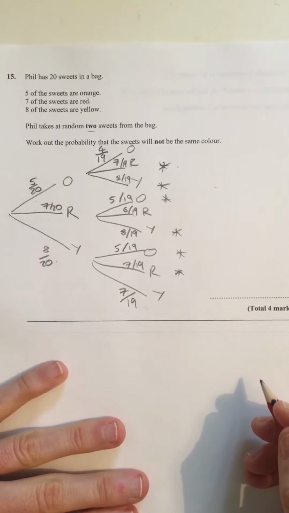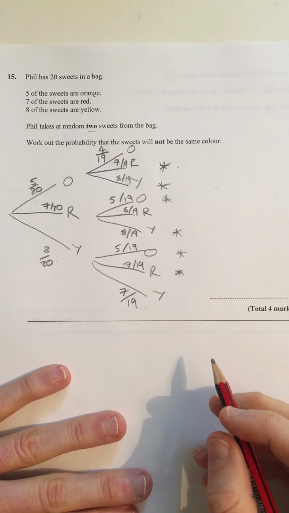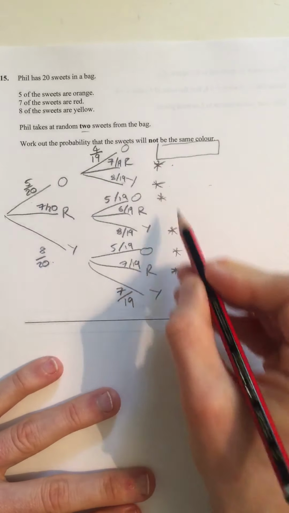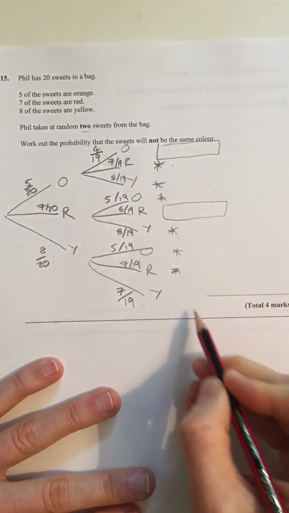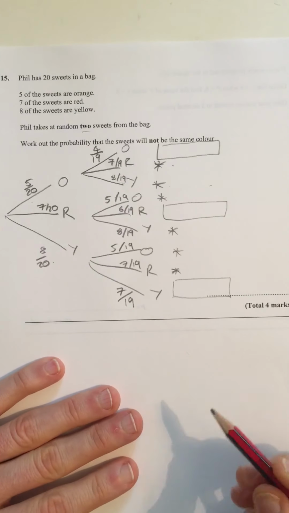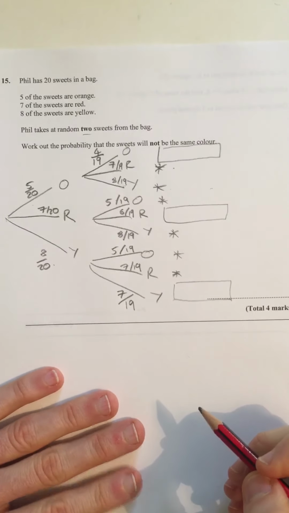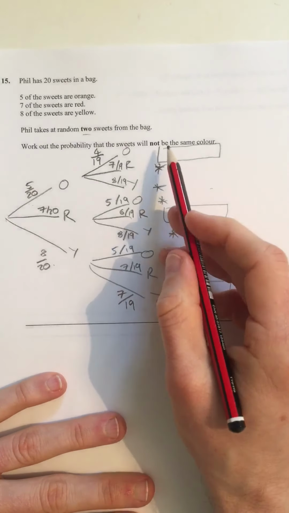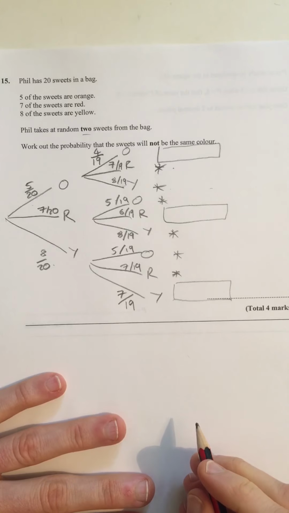But that's quite long. Instead, what I'm going to do is I will work out the probability of orange and orange, red and red, and yellow and yellow. So I'm going to actually work out the probability the sweets will be the same colour, and then I'll take that away from 1 to get the probability they will not be the same colour.